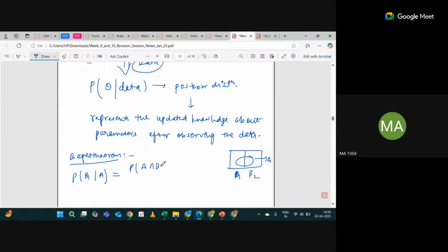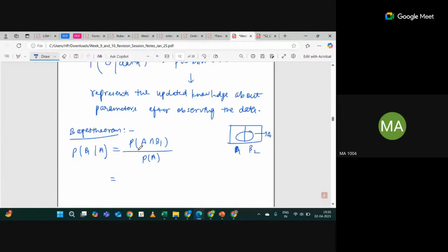I can write probability of A intersection B1 divided by probability of A. And the numerator I can write as probability of B1 times probability of A given B1, divided by probability of A. Yes or no? So this is called Bayes theorem. This is the Bayes theorem we have seen.